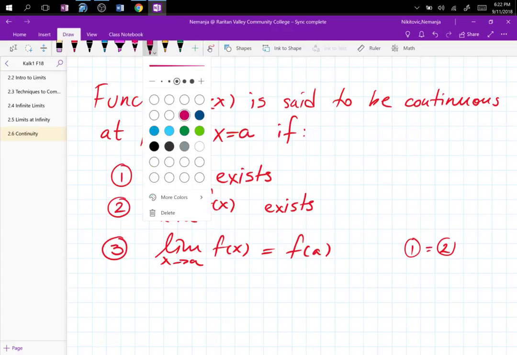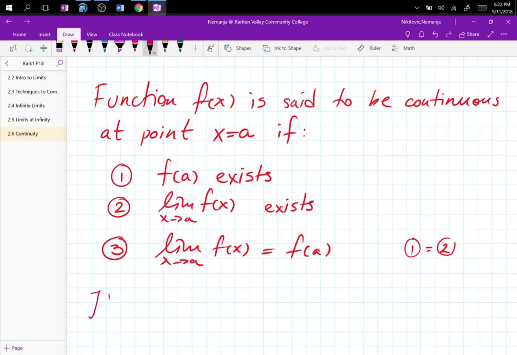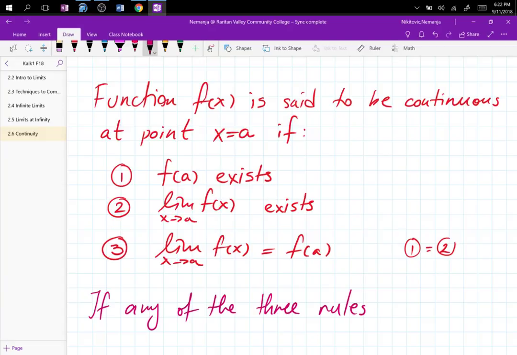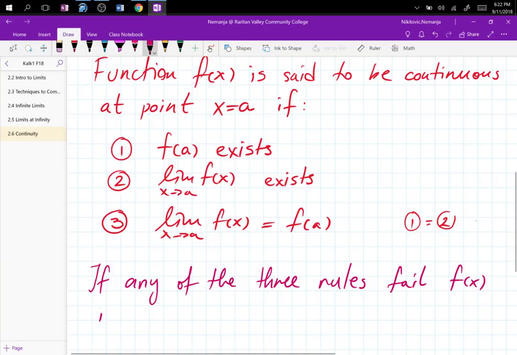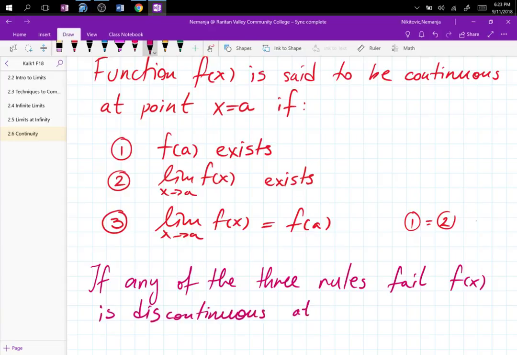So now, if any of the three rules fail, f of x is discontinuous at x equals a.